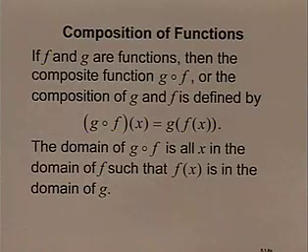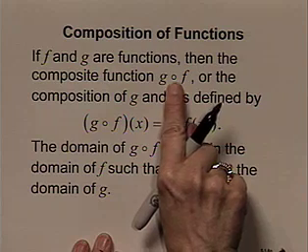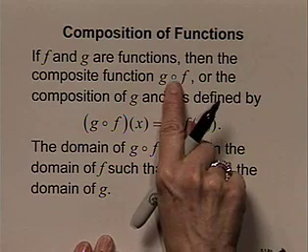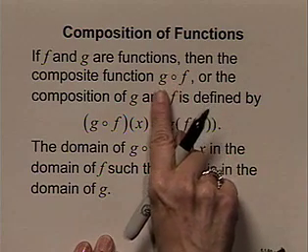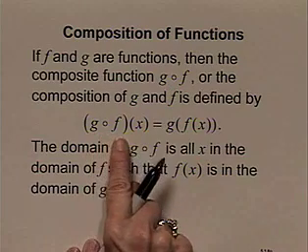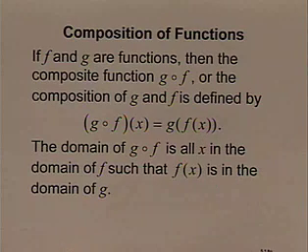If f and g are functions, then the composite function g composed with f, the composition of g and f, is defined by g composed with f of x equals g of f of x. The domain of g composed with f is all x in the domain of f such that f of x is in the domain of g.